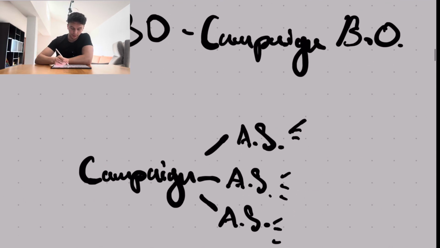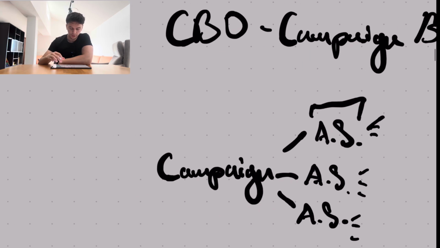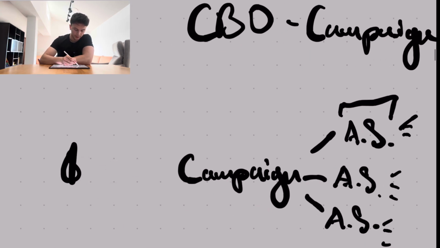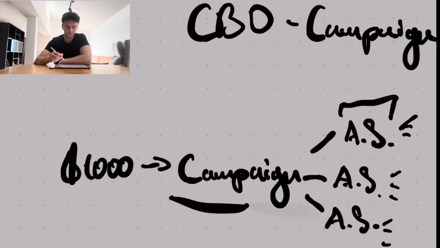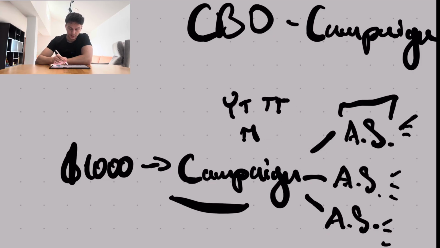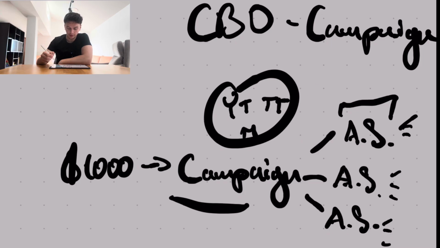Instead of manually putting the budget over here, we take our $1,000 and give it to the campaign level, right here. What this does is give the platform, whether that be YouTube, TikTok, or Meta, the power of distributing wherever they think is best.